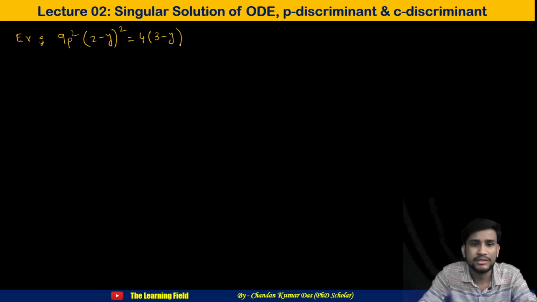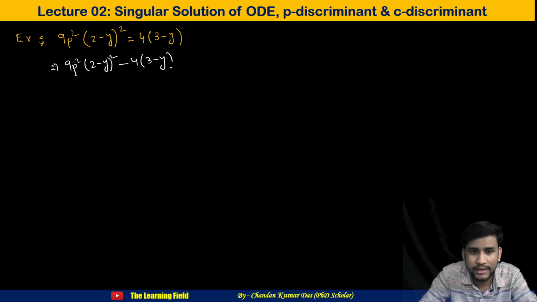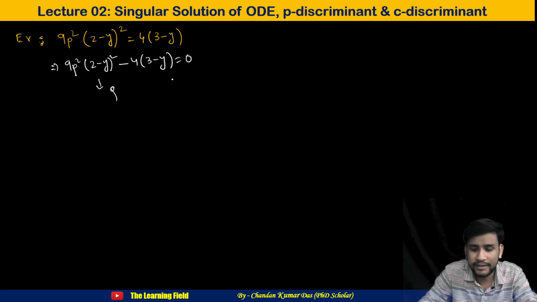So this is the equation, and now we have to solve it. First we write this as 9p square (2 minus y) square minus 4(3 minus y) equal to 0. And note that this equation is quadratic.